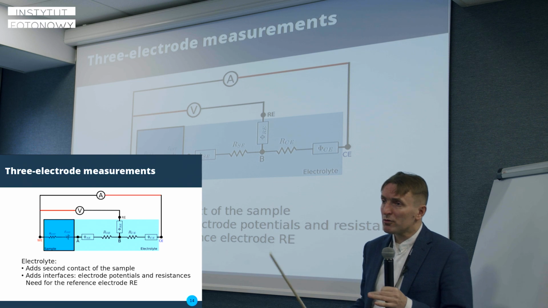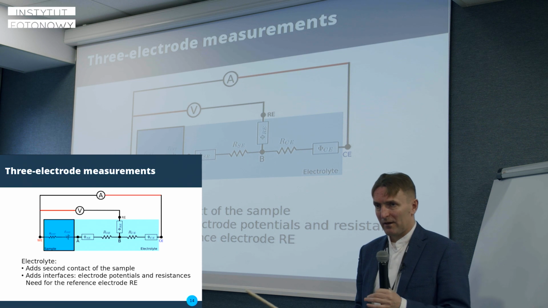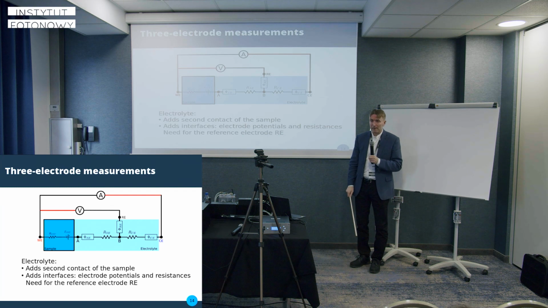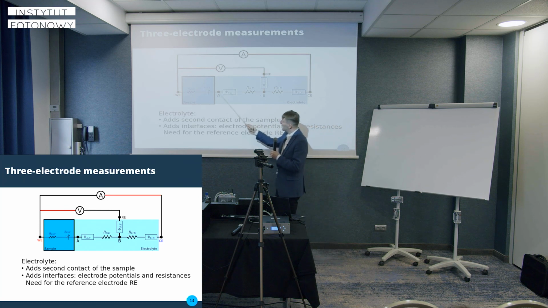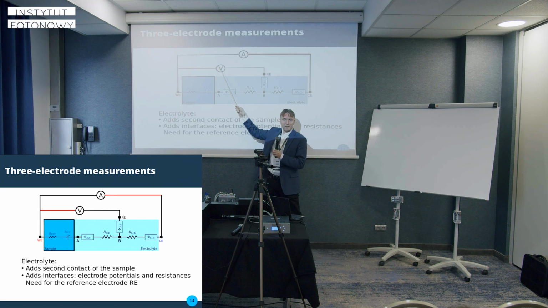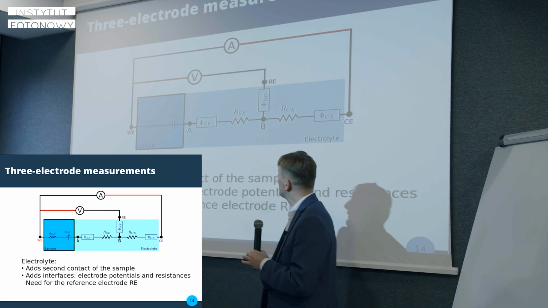Because we don't want to consider that part of the circuit, we use the 3rd electrode. This is the reference electrode. And why does it help? Because if you now imagine the current flowing through that circuit, it goes through all of that, goes up, and goes back here. It doesn't go through that part because this electrode has infinite internal resistance. So for our purposes, no current goes there.